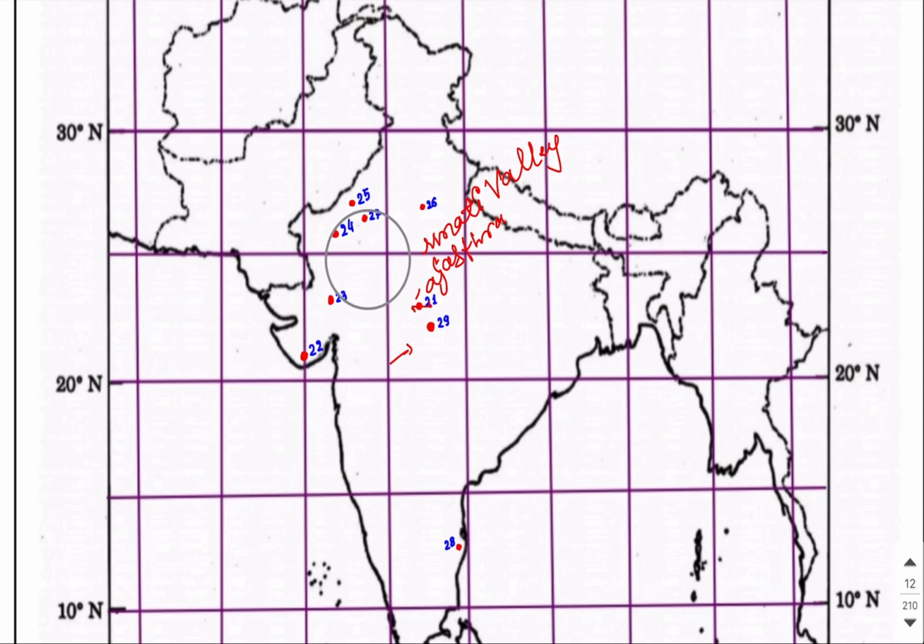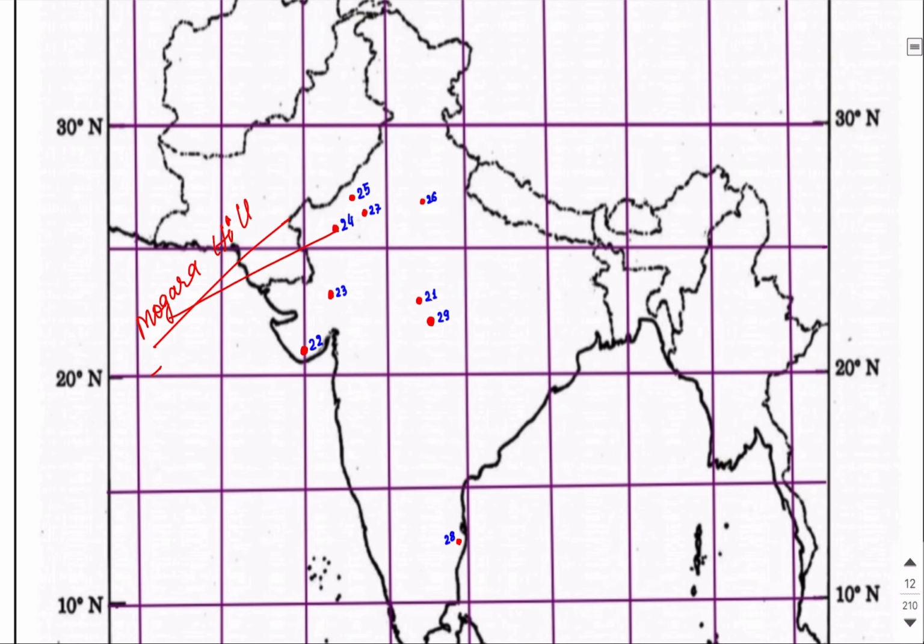And now let us move on to the 24th. You can see in the Rajasthan section, okay, and name it, you will find it is Mogra Hill, and it is present in the Jodhpur district of Rajasthan.